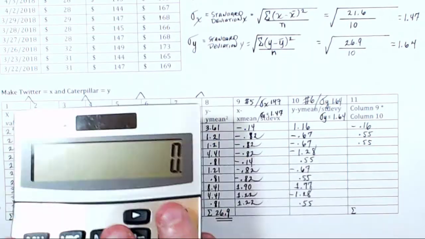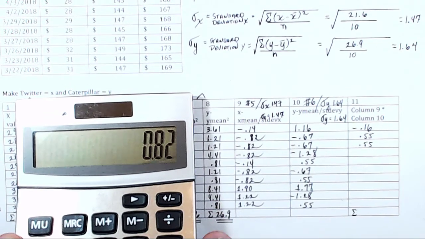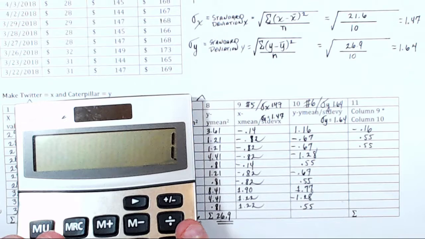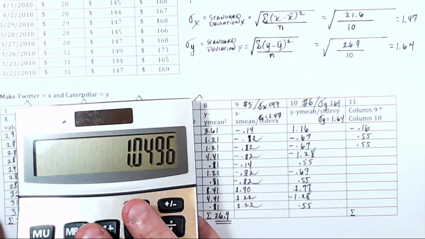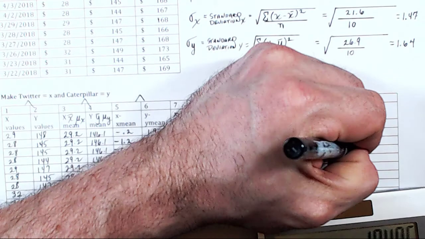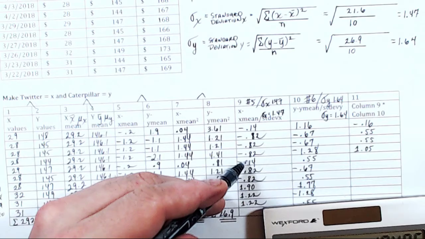Now I do two minuses again, so I'm going to do 0.82 times 1.28. That gives me 1.049 or 1.05.